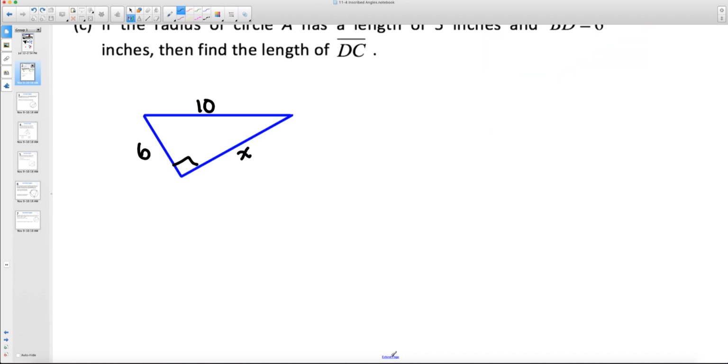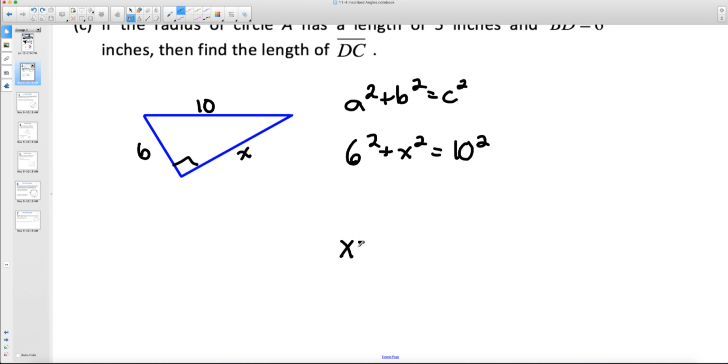We don't necessarily have to here, because this is what we call a Pythagorean triple. It's a 6, 8, 10 right triangle, but we certainly could have done it all the way through. We'd wind up getting x is equal to 8.